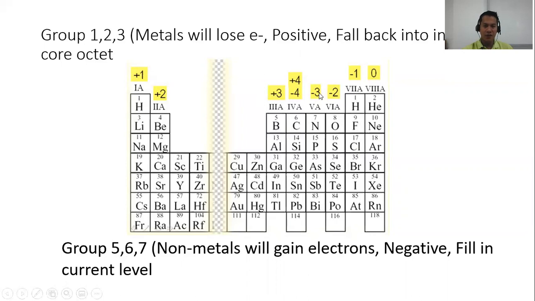Group 5 will gain 3, group 6 will gain 2, group 7 will gain 1. These are all negative because as they gain electrons, they also gain negative charge. We call these anions, A-N-I-O-N. They will become negative and they will fill in because they gain.